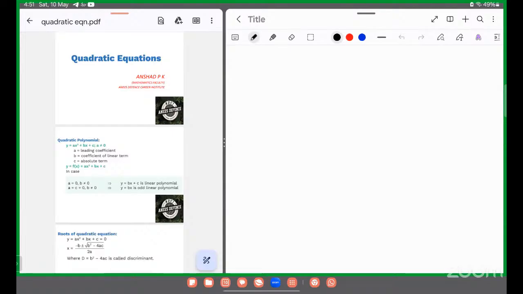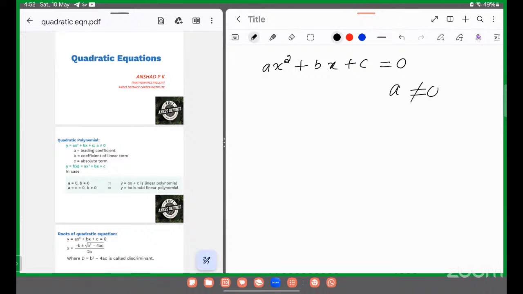So the general equation of a quadratic polynomial or quadratic equation can be represented as ax square plus bx plus c equal to 0. Here a should not be 0. If a is 0, then it cannot be quadratic.